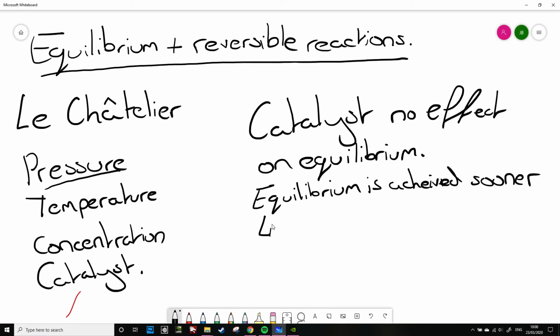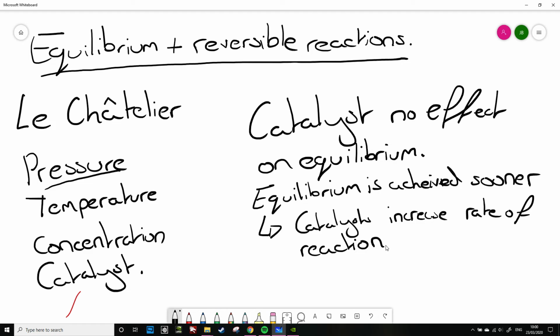And that's because, as we know, catalysts increase our rate of reaction. So of course that means it's going to get to that equilibrium point a lot quicker. So we compare it back to our graph we drew earlier.